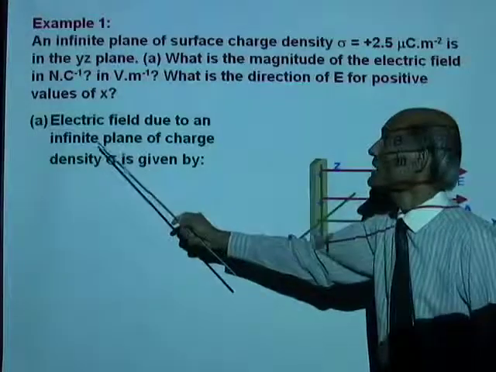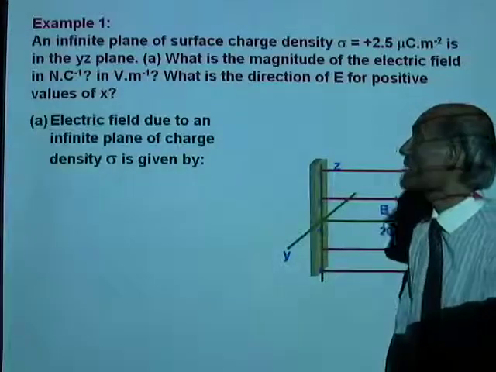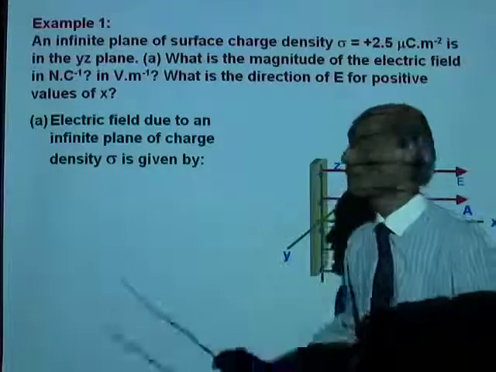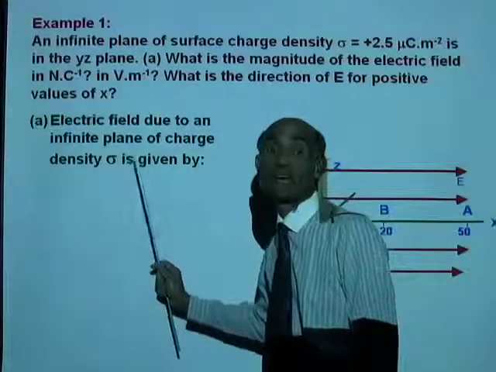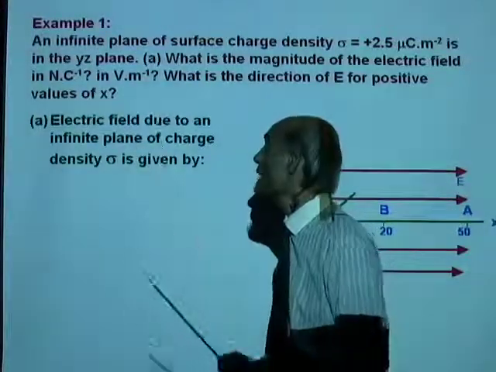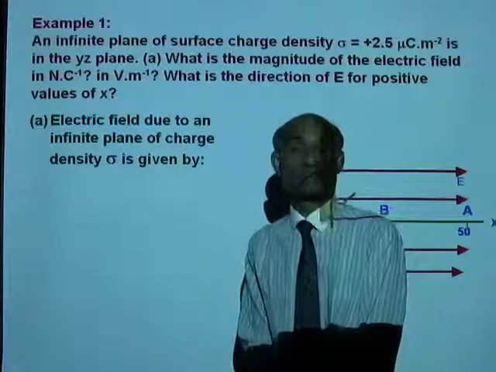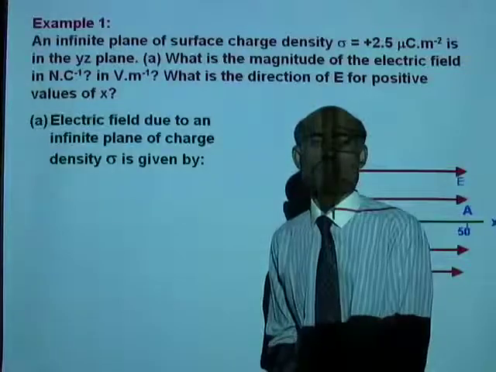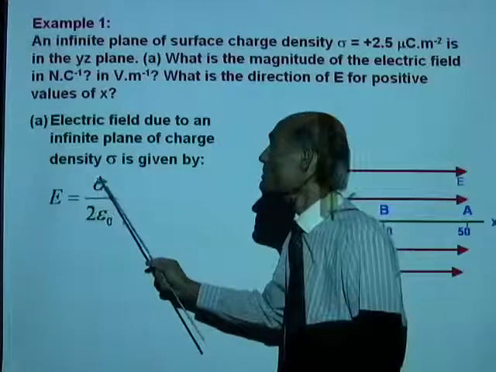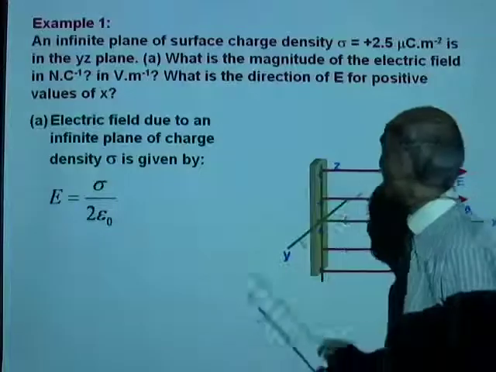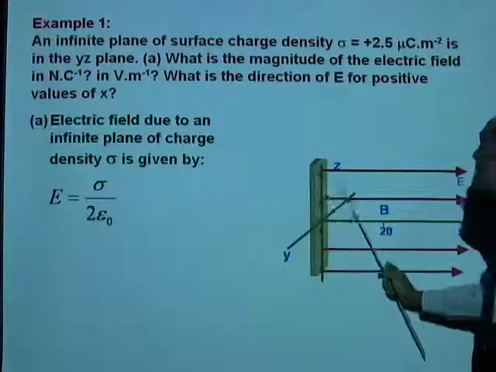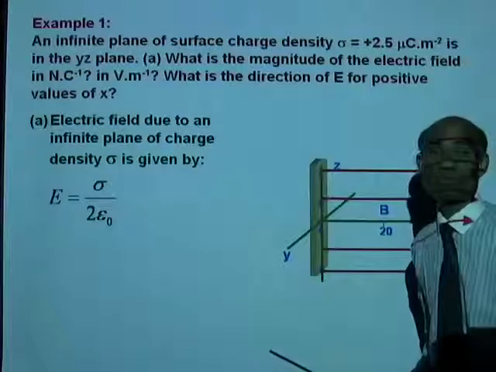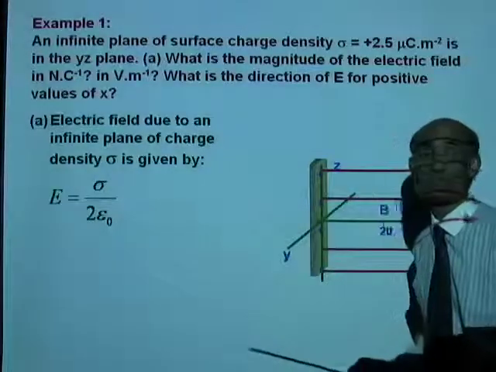Now, what is the expression for electric field near an infinite plane of charge density sigma? We did that two classes ago. It will be E equal to sigma over 2 epsilon naught. That means the electric field at any point near that charge will be sigma over 2 epsilon naught.